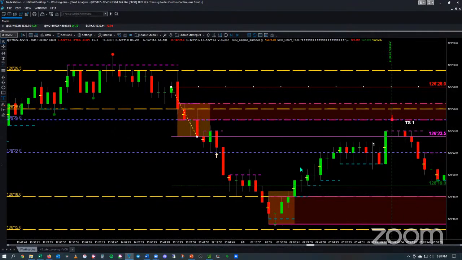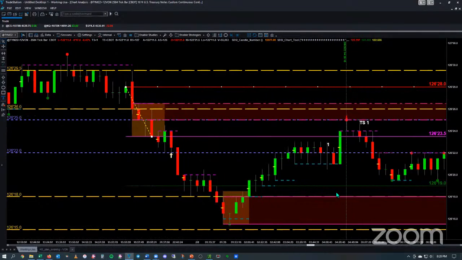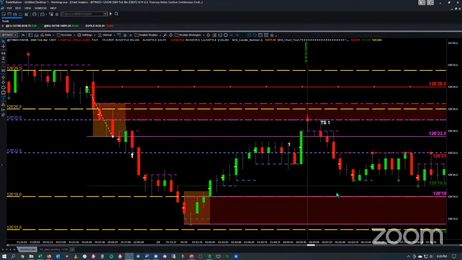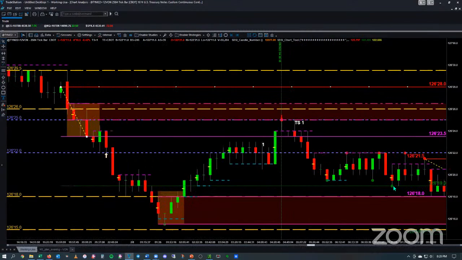So here you can see price comes in, hits the band. And so we're looking for price to hit 1-to-1. And you can see right here, we touch the 1-to-1 and close below right here. So at this point, we're looking at, do I have permission to move my stop?